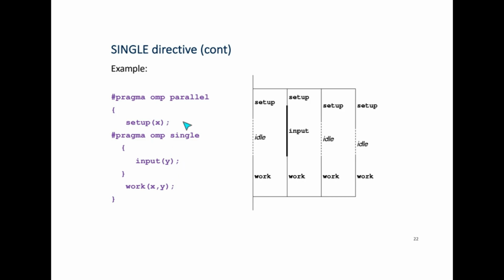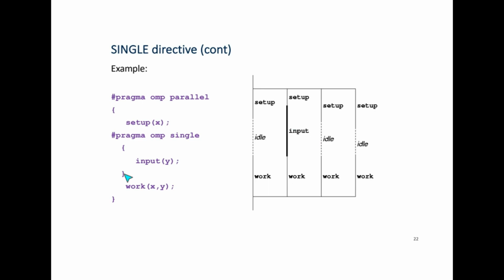So what will happen here is, suppose we have 4 threads. All 4 threads will call setup. Whichever thread finishes setup first, we might not know which one that's going to be, will go ahead and enter the single construct and call the input function. All the other threads will skip over input and wait at this implicit barrier at the end of the single block.